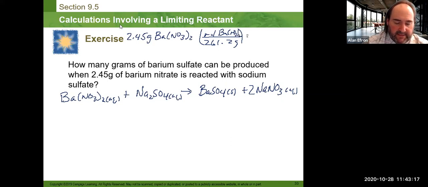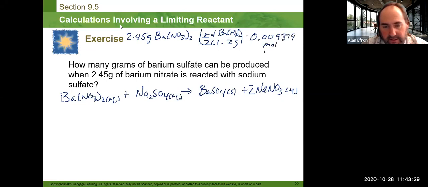And that ends up giving us 0.009379, I'll take it to a couple digits here, moles of barium nitrate.